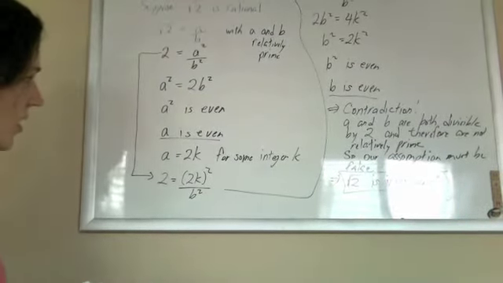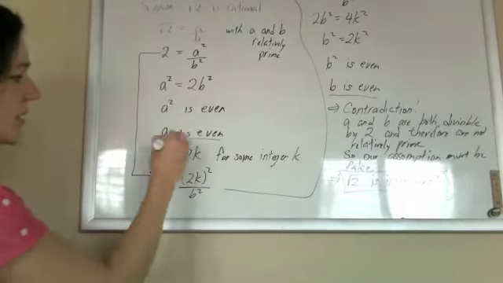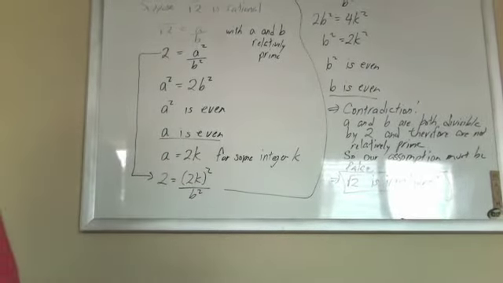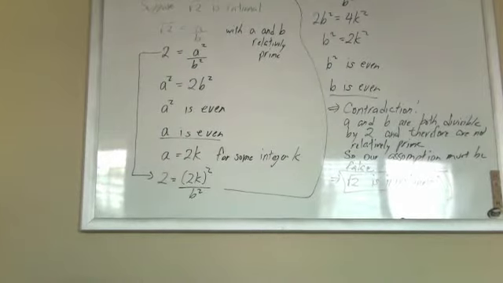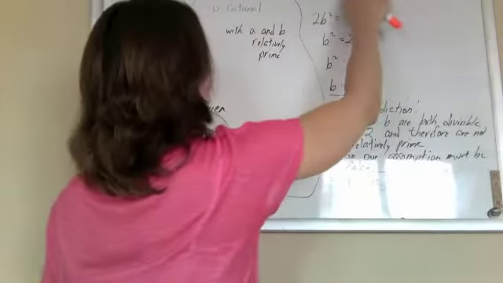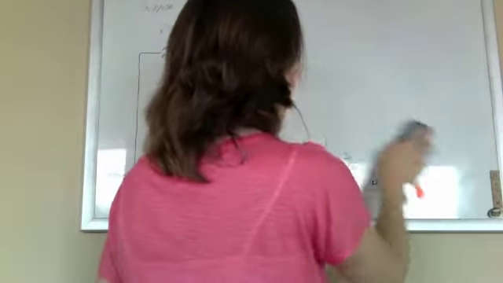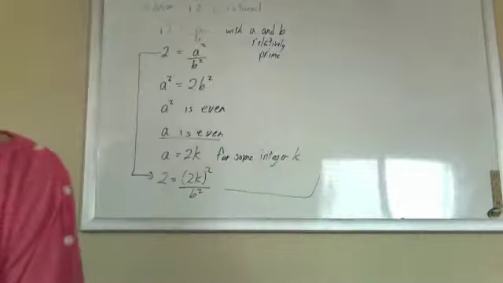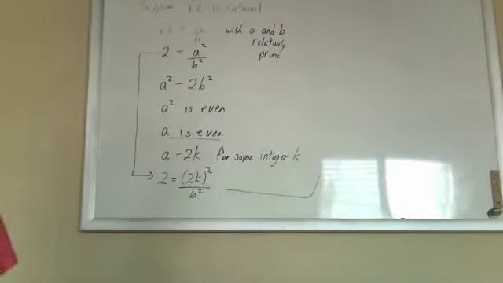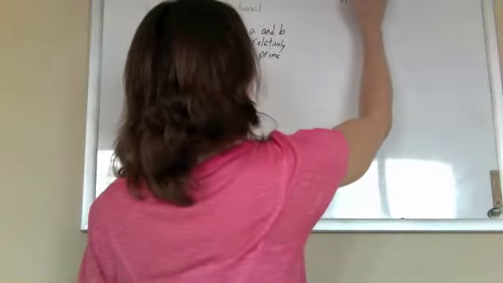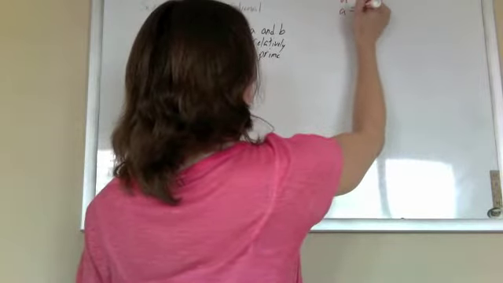Now I kind of glossed over this idea that if a squared is even, then a is even. So I'll just do a little mini proof of that. So you can kind of think of it like if a squared is even, like maybe a squared was 16, then a would have been 4.